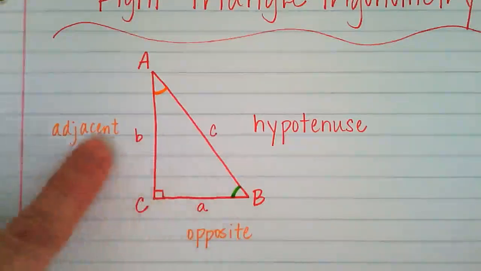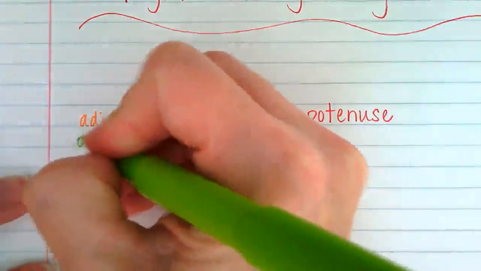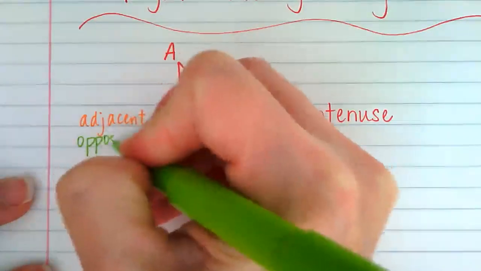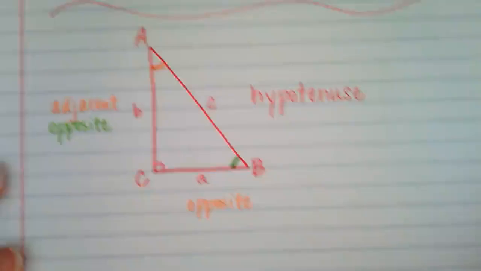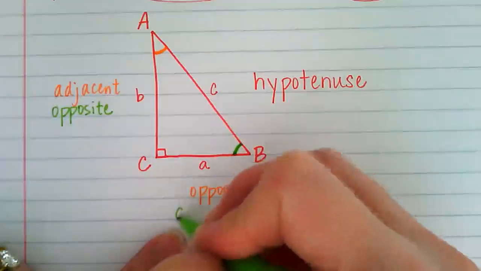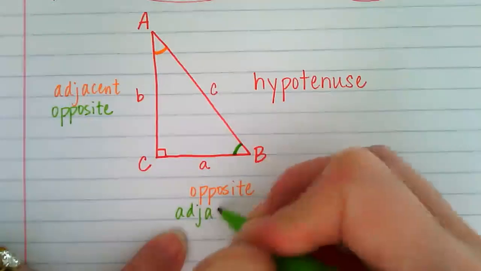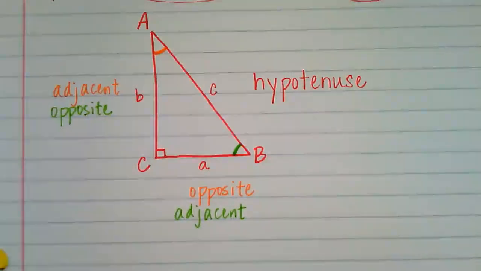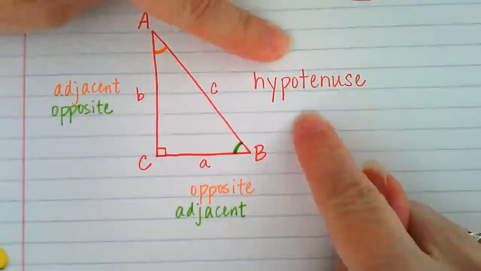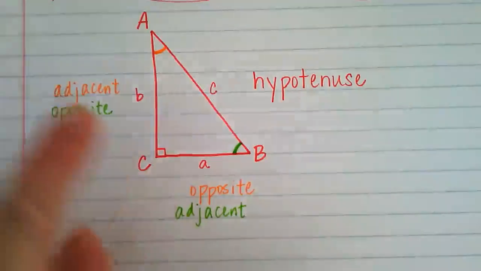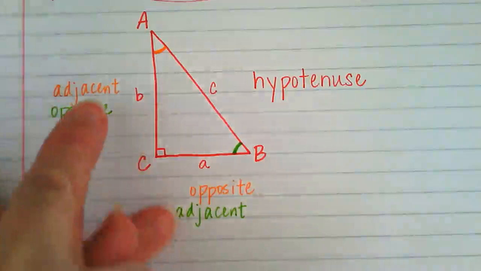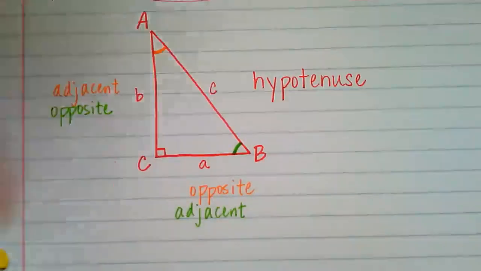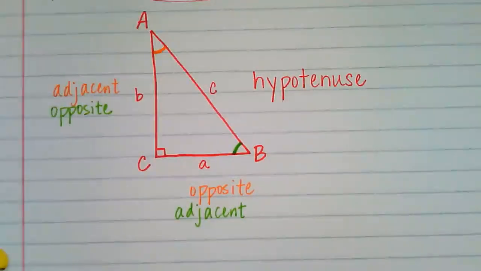So from angle B, this side is going to be the opposite side, and this one is going to be the adjacent side. So what you need to keep in mind is that the hypotenuse is always the hypotenuse, but these are going to change whether you are looking at the perspective of angle A or angle B. And that is so important in what we're doing.